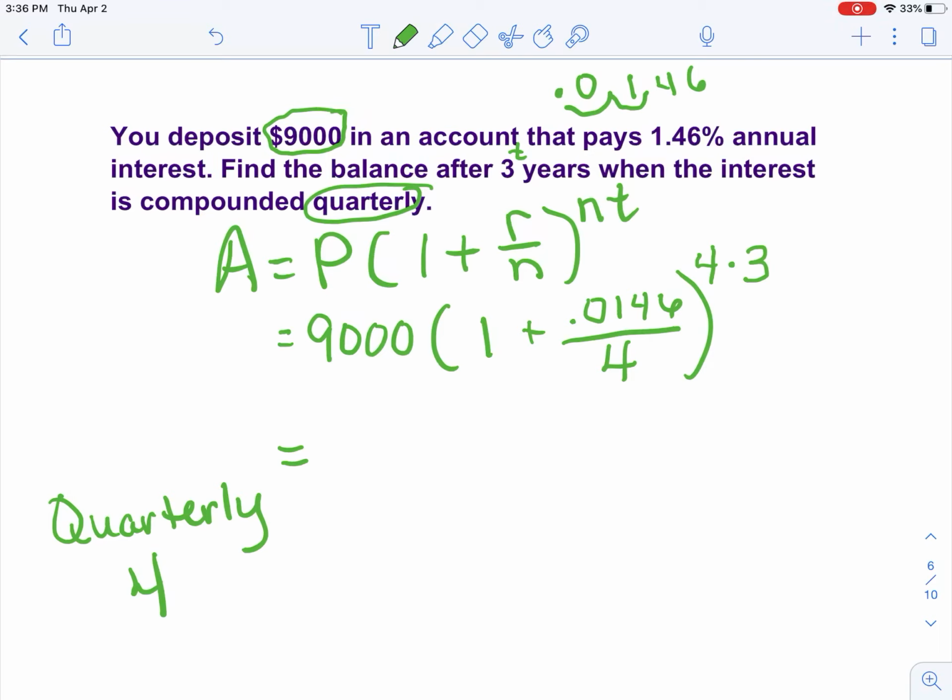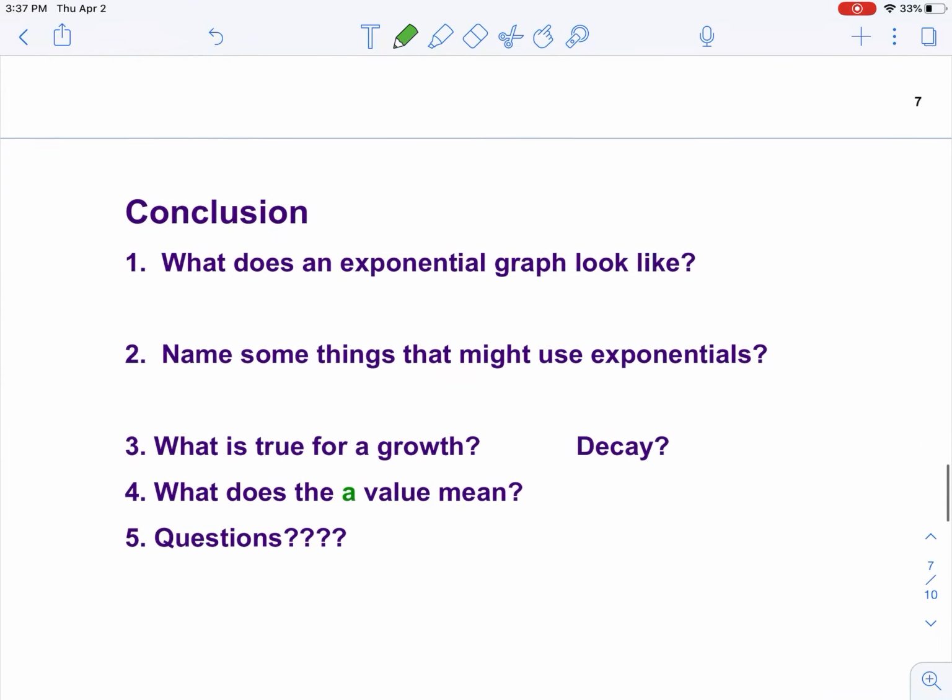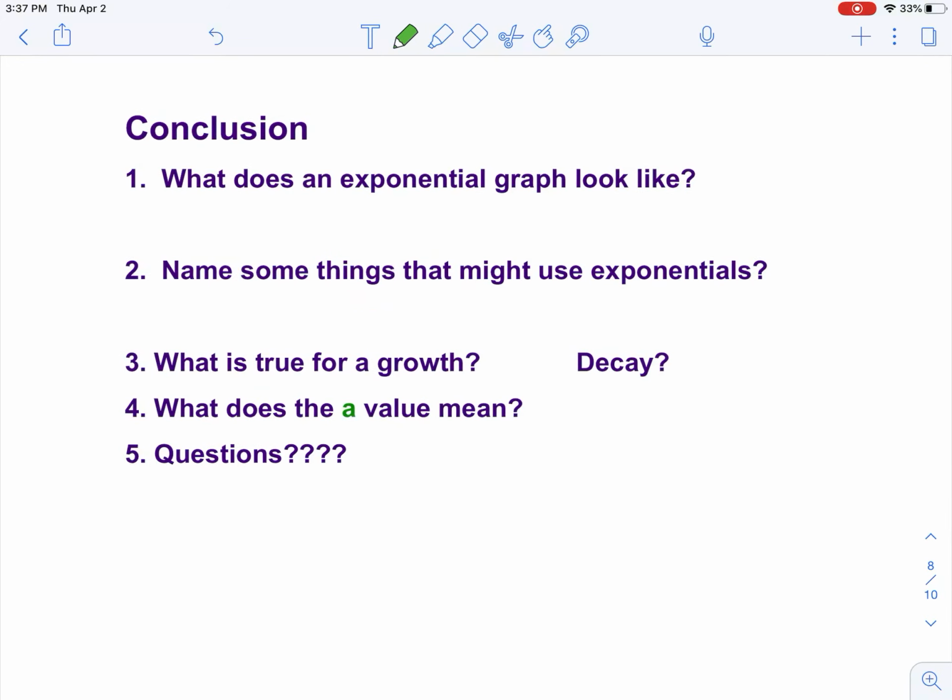Don't try to make any shortcuts. Just put it all in at once. When you do that, you should get $9,402.21. Don't forget 2 decimal places because we need cents. All right, that concludes our lesson for today.